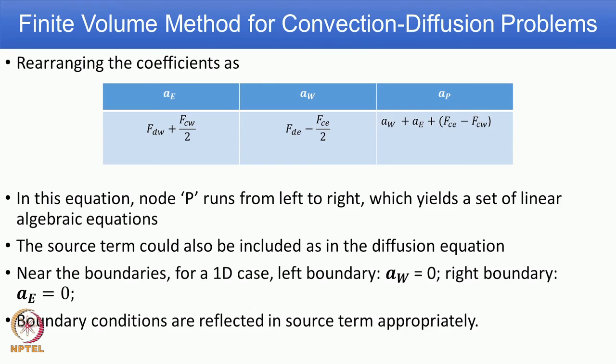This is something we had seen in the diffusion equation, and it does not change when you include the convection term. The boundary conditions are reflected in the source term appropriately. Again, we had seen this in the illustration used to explain the diffusion equation: the temperature enforced as a boundary condition appears on the right side of the equation.